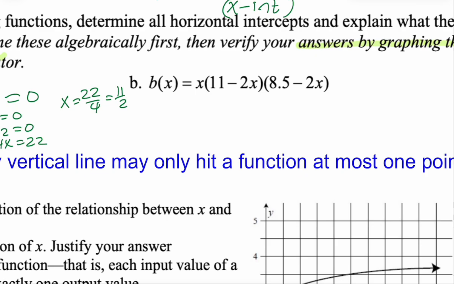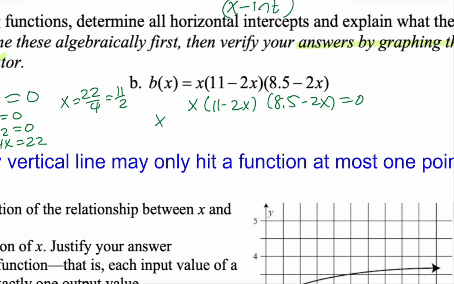We're still going to rewrite the equation and set it equal to 0. Now, there's a great rule in algebra called the zero product property. If we have pieces that are multiplied together, we want to set them equal to 0.